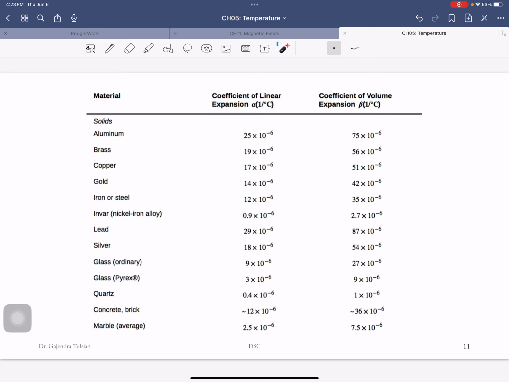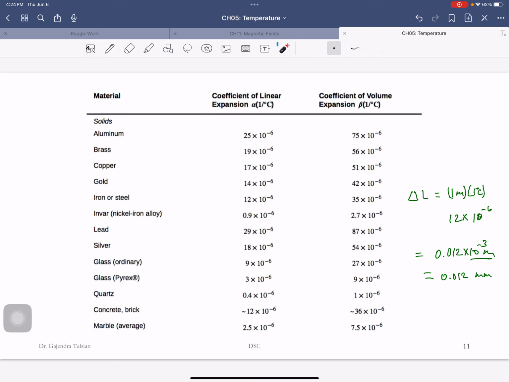So for instance, if you had 1 meter of steel and you raise its temperature by 1 degree Celsius, alpha is 12 times 10 to the minus 6. So the length increase would be 1 times 1 times 12, so that would be 0.012 times 10 to the minus 3 meters, and that is a millimeter, so 0.012 millimeter.